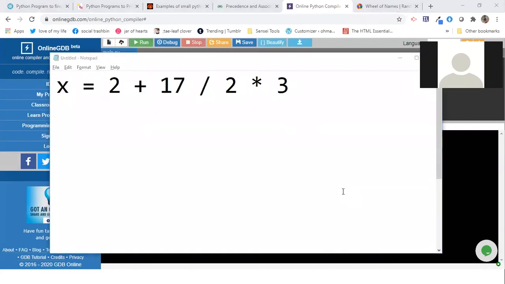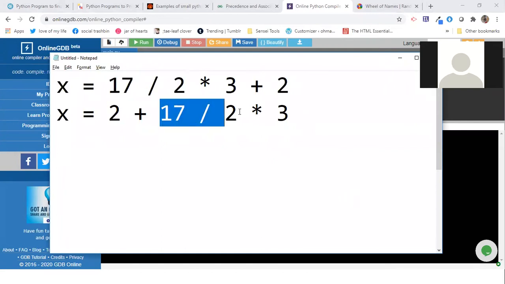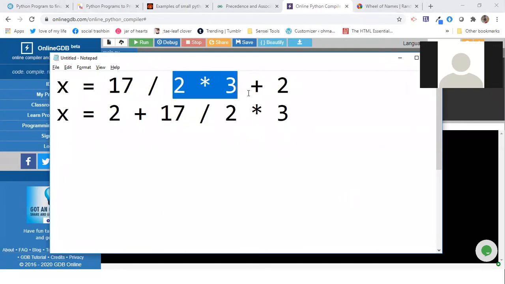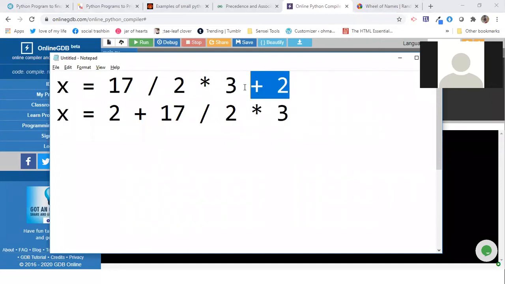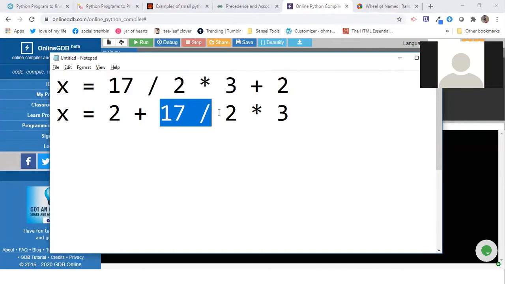Pareho lang po yung sagot, no? Yung first one at yung second one. Ang difference lang nito, 17 divided by 2, multiply to 3. The difference lang is yung position ng plus 2. Kaso, walang impact yung position ng plus 2. Why? Kasi una nating sinusolve yung 17 divided by 2, multiply by 3, and then last natin i-add yung 2.